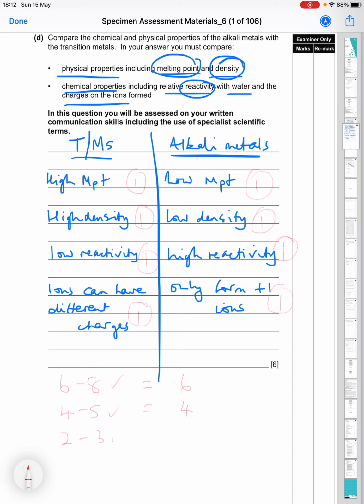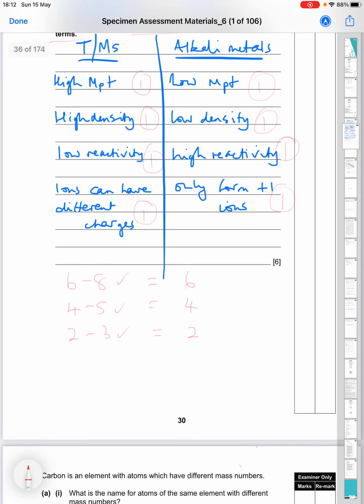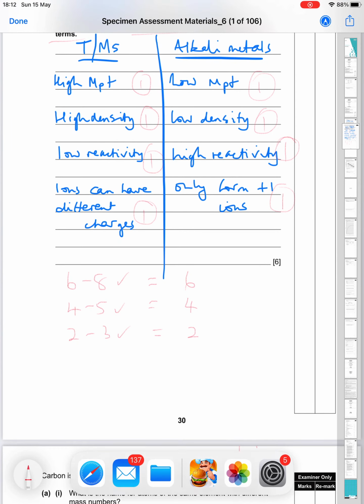And if you have between 2 and 3 ticks, you get 2. If you have fewer than that, they would deem your response not worthy of any credit and not give it any marks. Also, the use of specialist scientific terms, so you need to be using words like melting point, reactivity, density, and so on in the answer that you're giving.